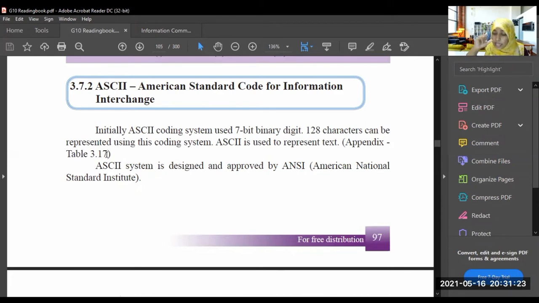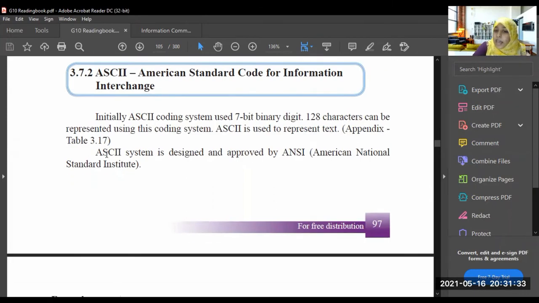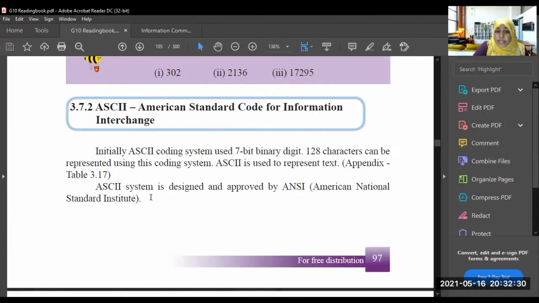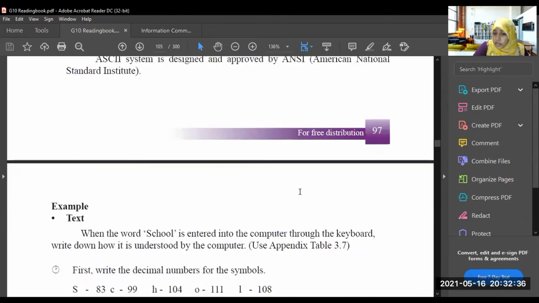In the ASCII table, they represent only text. You know what text is? Letters. So only the letters are represented in the ASCII coding system. The ASCII system was designed and approved by ANSI, the American National Standards Institute.